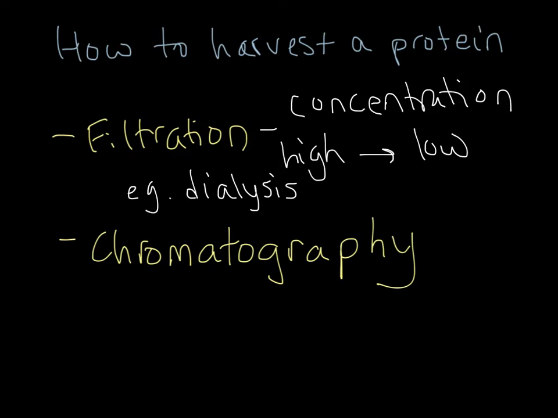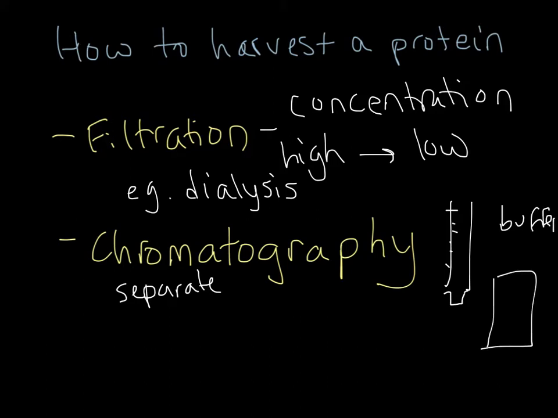The other is chromatography, and chromatography comes in different forms, but the idea is that you can separate based on different features. And we'll talk about some of those features on the next slide, but there are different versions ranging from column chromatography, which you might have done in chemistry, where you separate things using an elution buffer, or chromatography where we're looking for a color change, which may be something like a plate where a color change shows up.